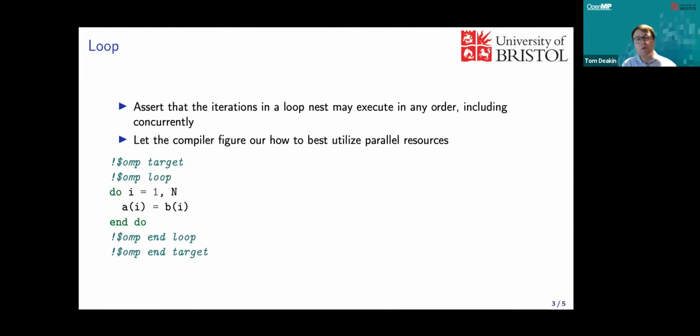It is somewhat similar to using target teams distribute parallel do SIMD, but rather than expressing it in that many characters, we can just express it with loop. So for the target, I might have an OMP target and then OMP loop and decorate the loop with that. And it's just going to run that loop, hopefully in parallel, on the target device. So that's a convenient addition to OpenMP 5.